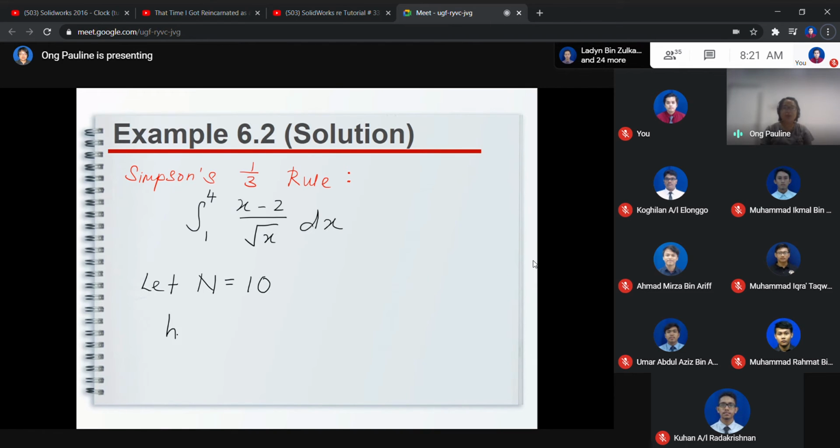Therefore your h is given by the equation (xn minus x naught) divided by n. This is your upper bound of the integral and this is your lower bound. So you have (4 minus 1) divided by 10, 3/10, so we have 0.3.